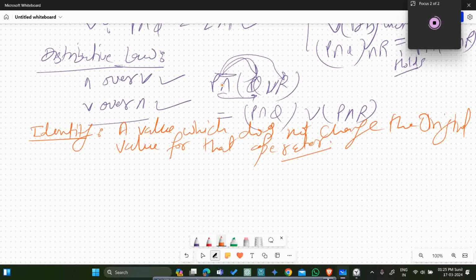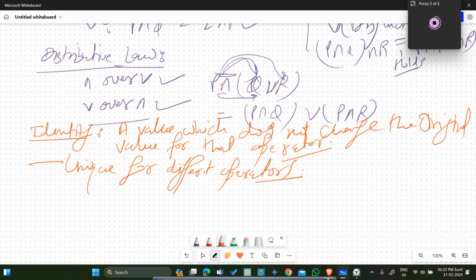So every operator has its identity value. Different operators have different identity values, but it is unique for different operators.